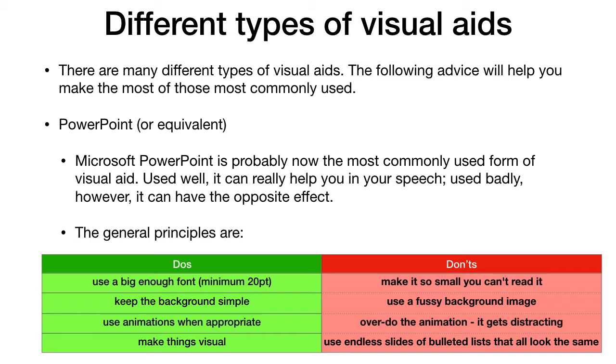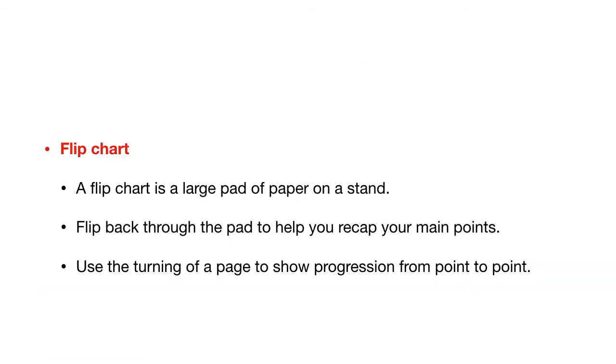Okay, so the next type of visual aid is the flip chart. A flip chart is a large pad of paper on a stand. Okay, a large pad of paper on a stand, right? It is a very useful and flexible way of recording information during your speech. You can use the act of flipping back through the pages to help you recap your main points.